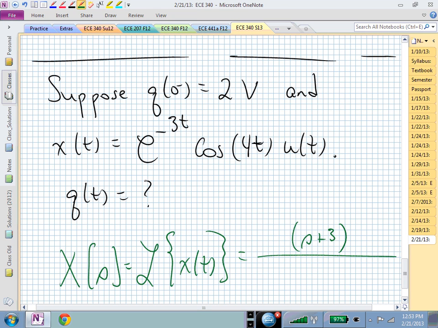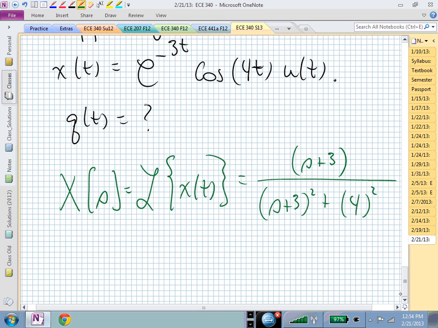If we just had the cosine of 4t, without the exponential damping, we would have s over s squared plus 4 squared, wouldn't we? But since we have this exponential damping, we need to replace s with s plus 3. We end up with s plus 3 over s plus 3 squared plus the damped oscillation, which is 4, and we square that.